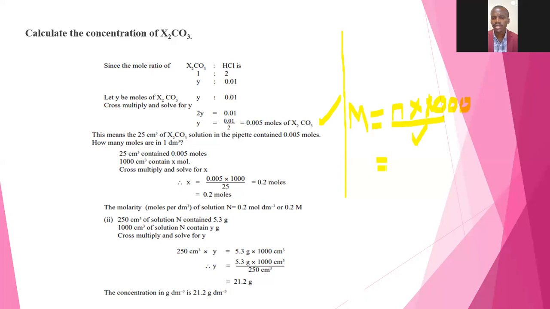So in this case, our moles we have gotten to be 0.005. Then you multiply by 1,000. Then you divide by the volume used.